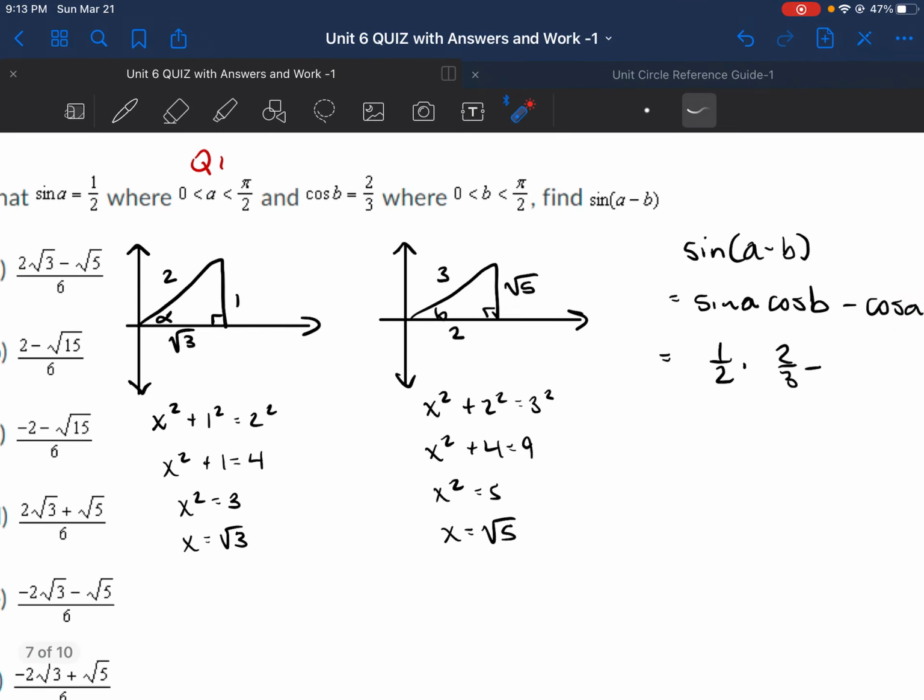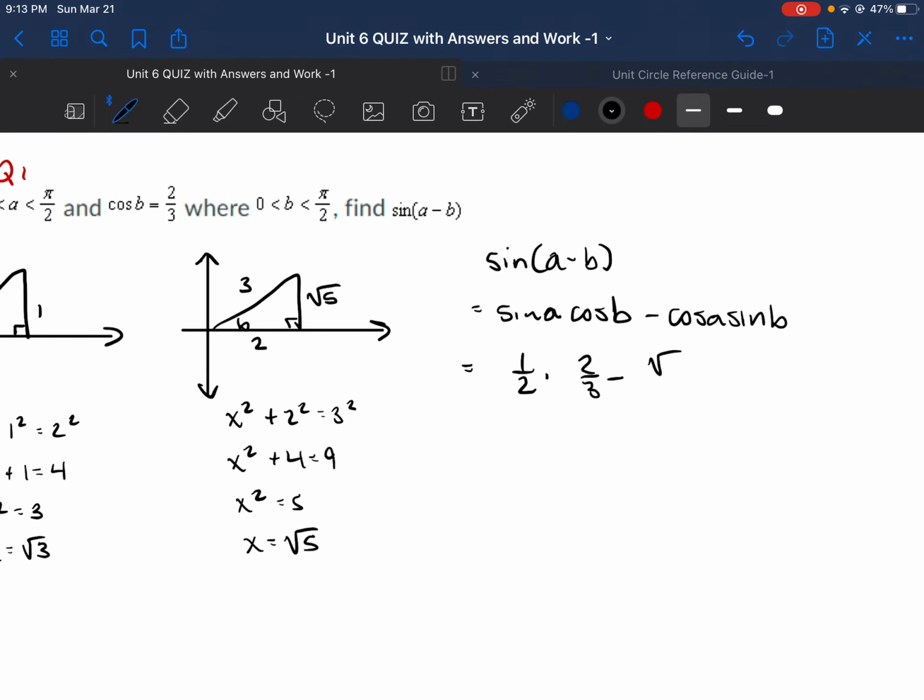Cosine A, well, remember this is really supposed to be an A. I'll go and replace that with an A. Cosine of A is going to be adjacent over hypotenuse. That's square root of 3 over 2. And sine of B, opposite over hypotenuse, that's square root of 5 over 3.